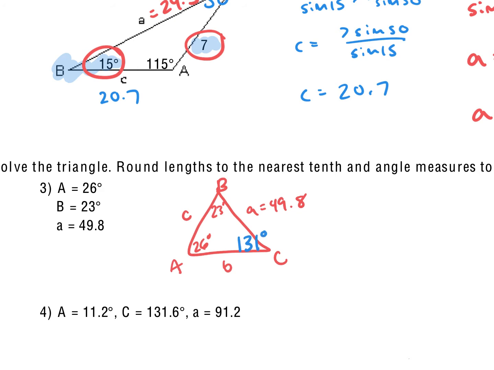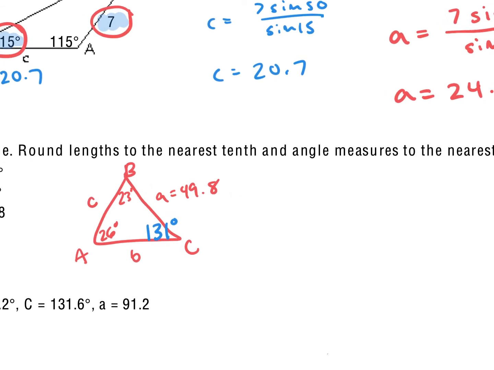And then what do you want to find next? Side B? We can do that. So I'm going to use my corresponding pair that I have, so angle A and side A. So 49.8 over sine of 26 is equal to, I'm looking for B, so it'll be B over sine of 23.